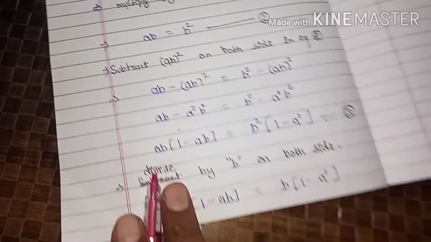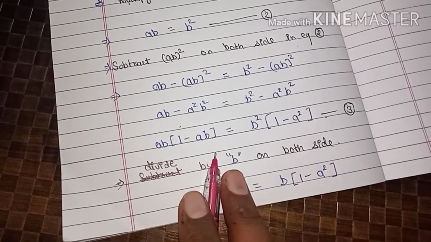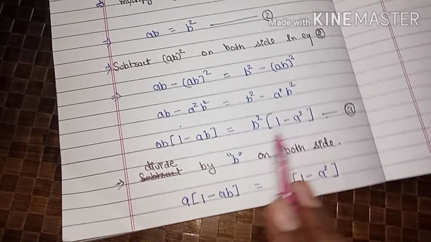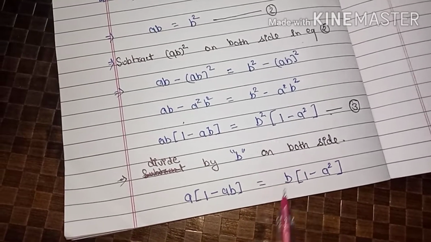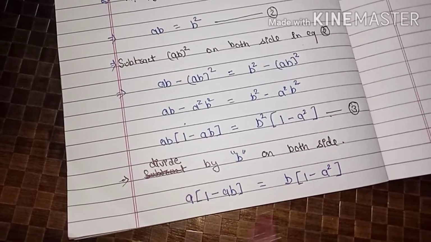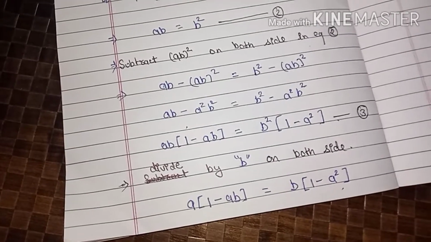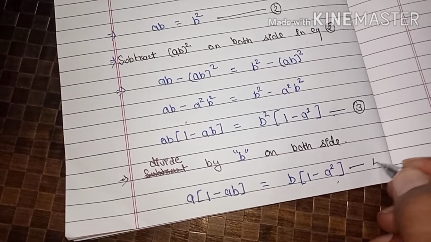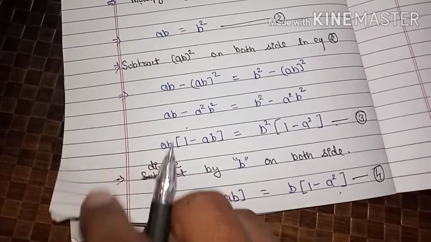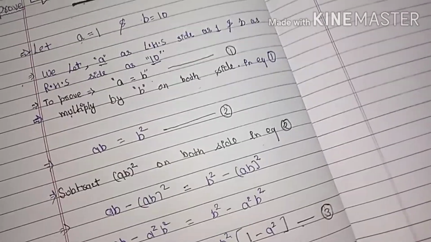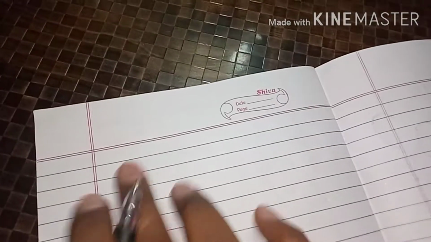So if we divide by B on both sides, B is cancelled and B square by B, we get B. So this equation is so important. Let's take it as equation 4.